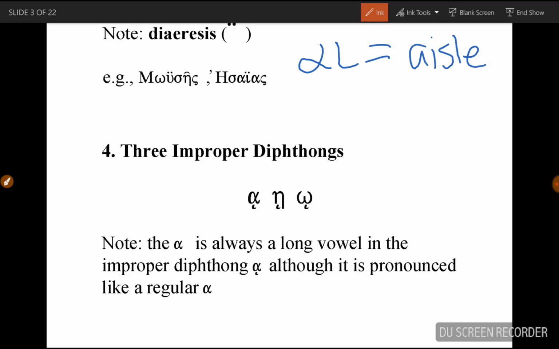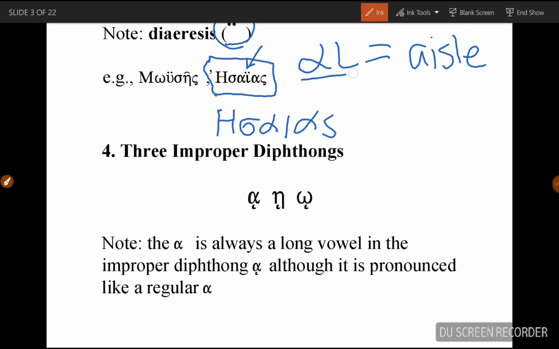Except when you have 2 dots over a letter, like in this word right here. Do you see that? There are 2 dots over that letter. So if the 2 dots weren't there, if all we had was this, there's no dots, then I would pronounce this as Esias. I would pronounce the alpha iota together as I.